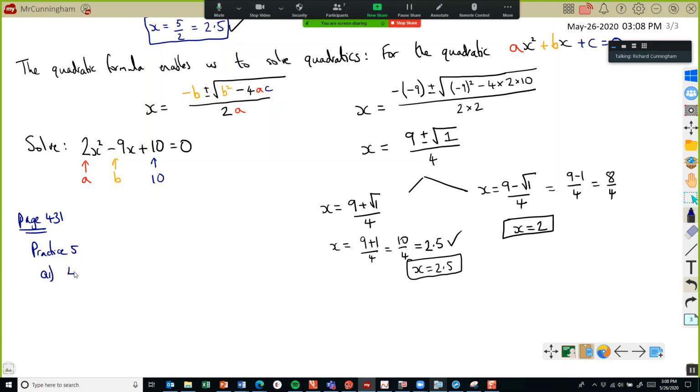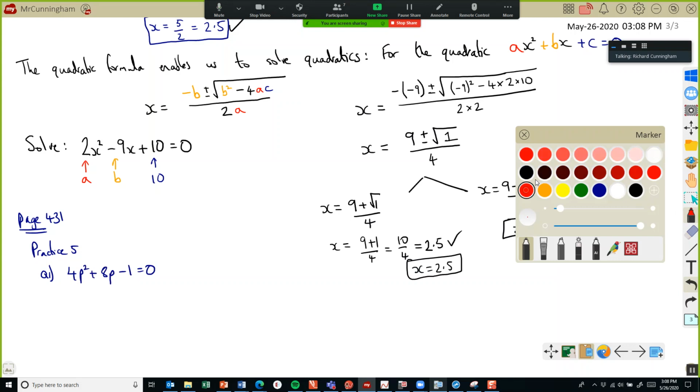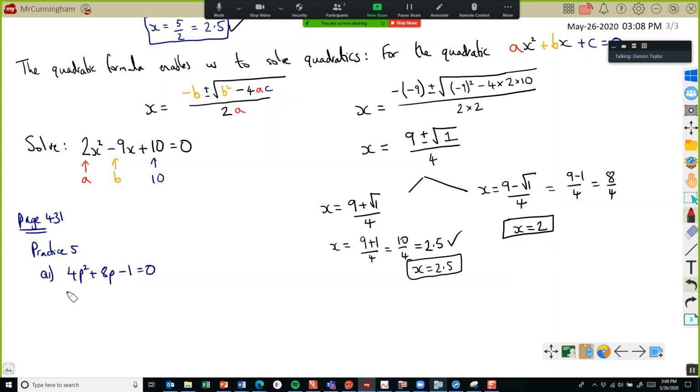Question 1 is 4p squared plus 8p minus 1. Your first step is to? Yeah, so what is A? What is B? Yep, B is 8. And what is C? Yes, -1, yep.